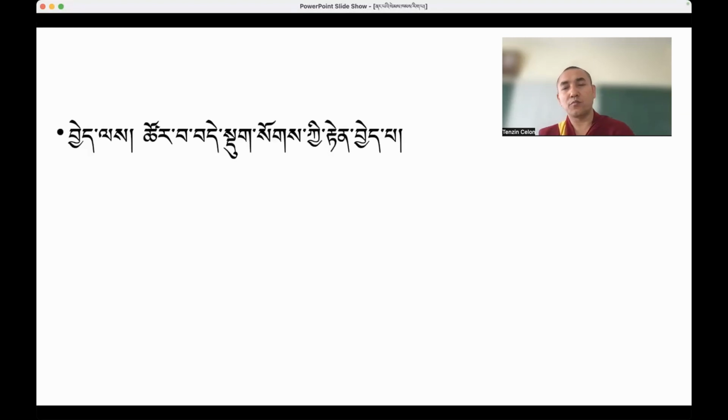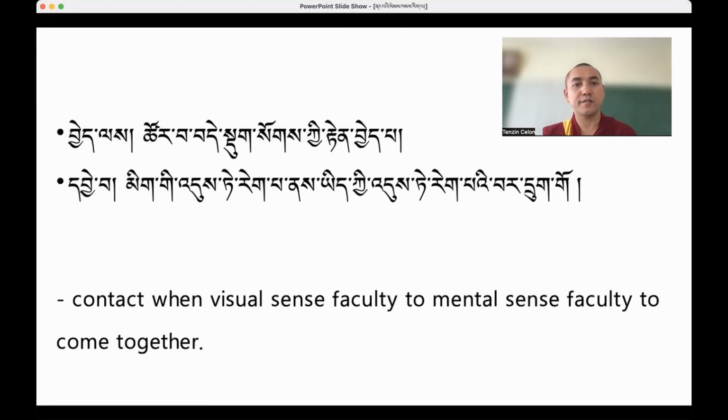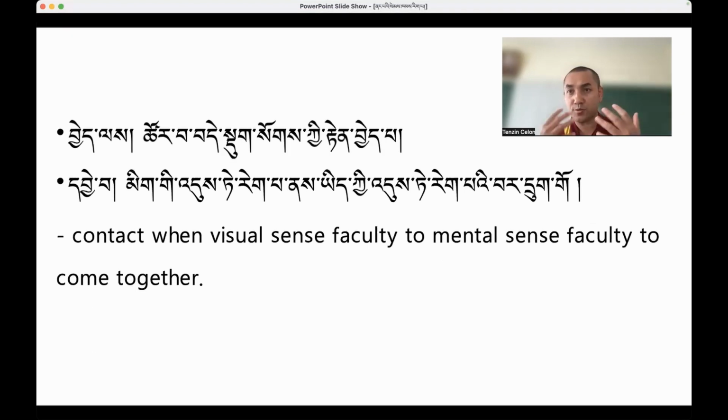There are different types of contact. There are 6 types of contact, quite similar to the intentions.